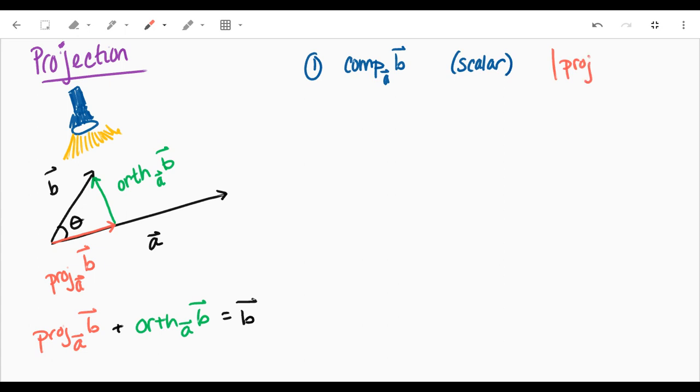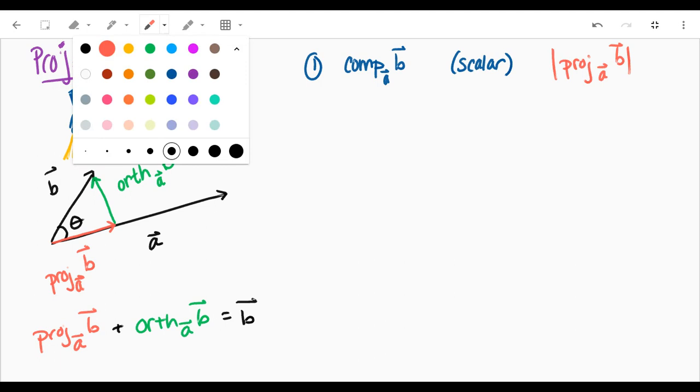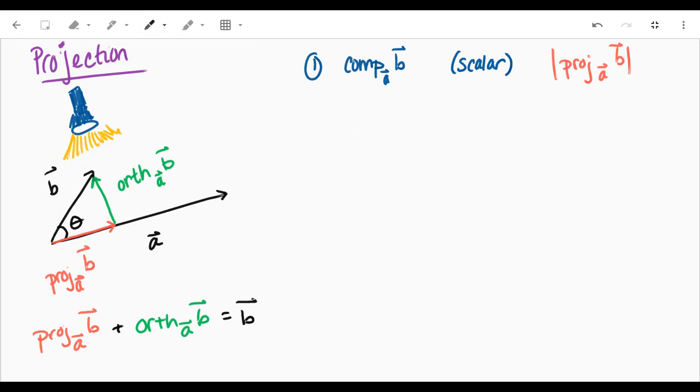So we're going to break this up a little bit. Okay, we're not worried about the vector form of that guy yet, just the magnitude of it. Okay, and we can just use right triangle trigonometry to get that, right? It would be the magnitude of vector B times the cosine of theta. Okay, that's just how right triangles work, right?